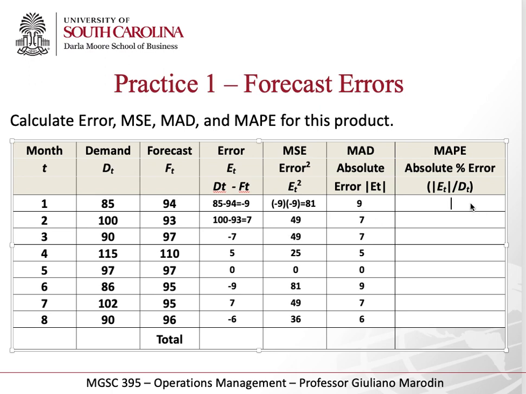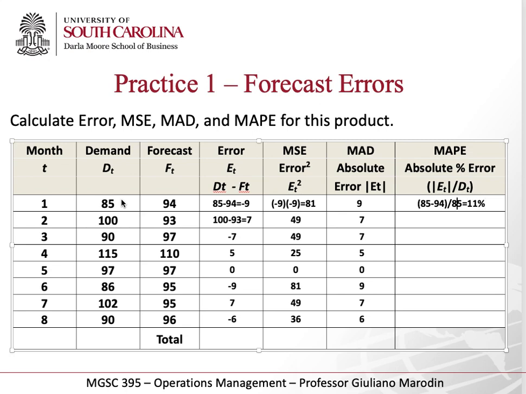For the mean absolute percentage error, we need to take the absolute error, so the 9 that we have here, which is 85 minus 94. And then we take this and divide it by the demand, which is 85. And the number that we're going to have as a result is a percentage.